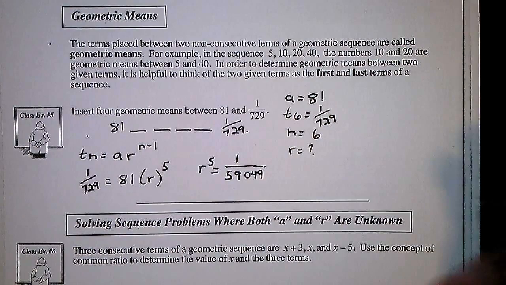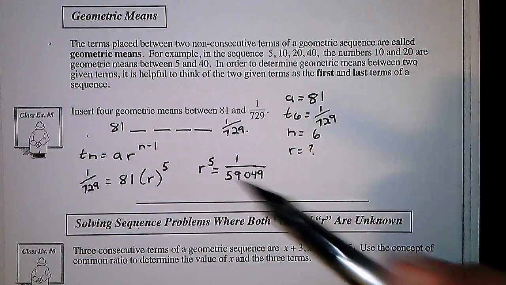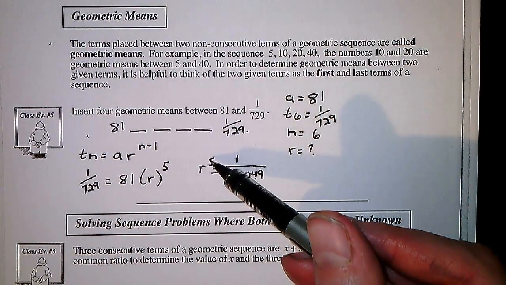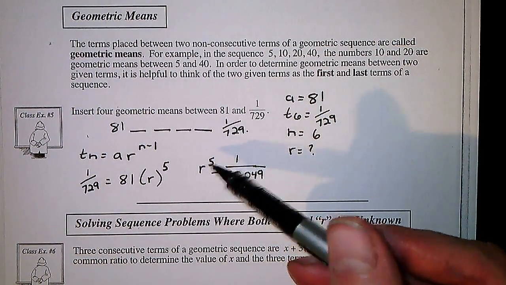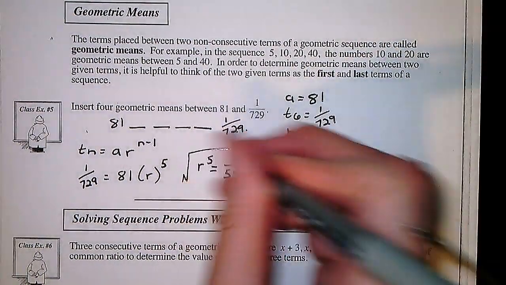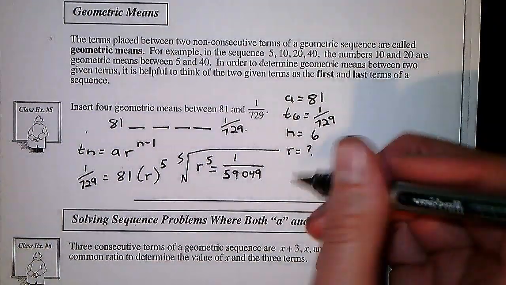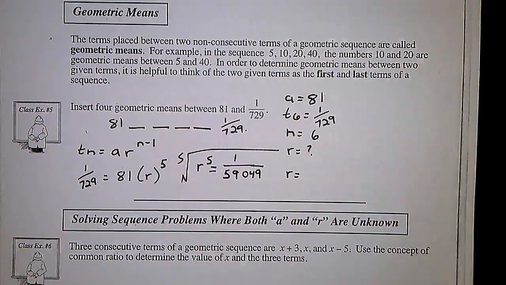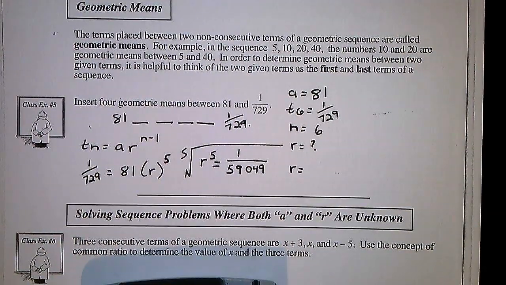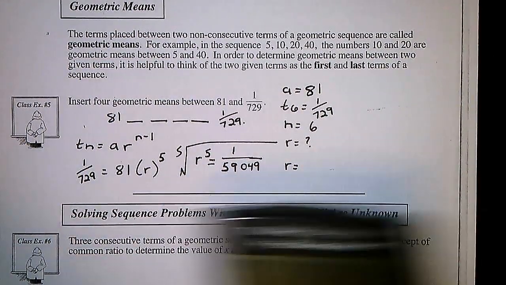Okay, now if I want to find r, I'm going to need to find the 5th root of this value. So I'm going to be finding the 5th root of 1 over 59,049. I'm going to try to use my graphing calculator to find the 5th root.